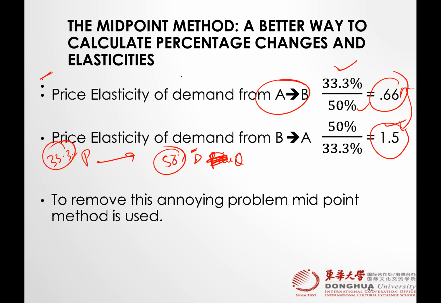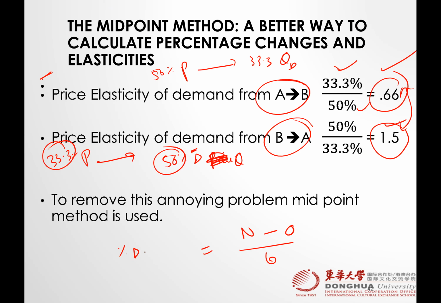But on the other hand, it says that a 50% change in price causes a 33.3% change in quantity demanded. You can say that this is inelastic. So which result do we believe in? The fault lies in this formula. If we calculate percentage change this way, this formula gives us an erroneous result.